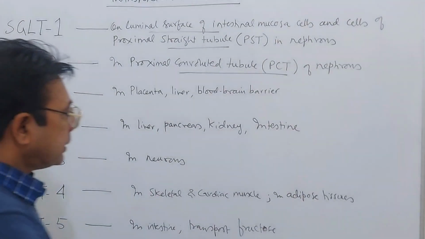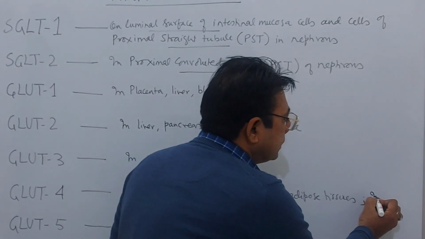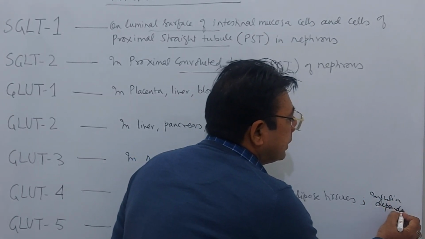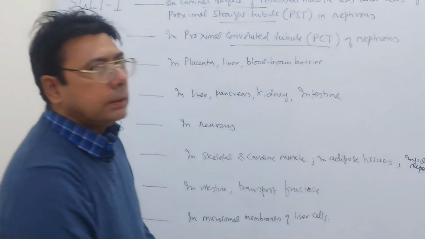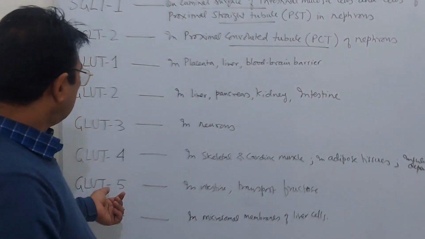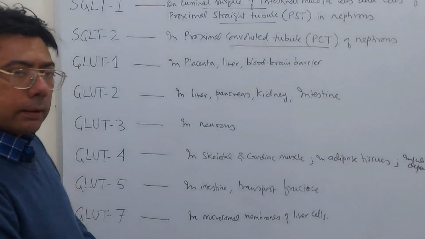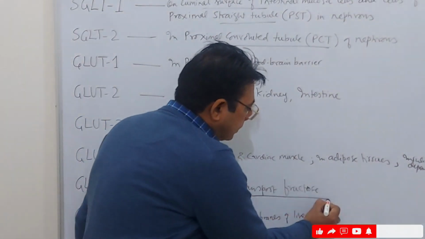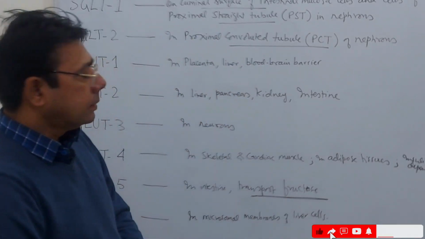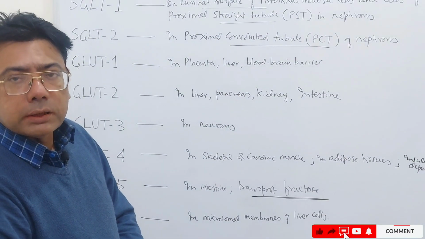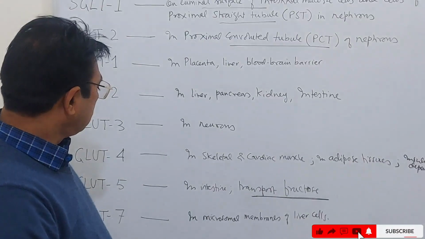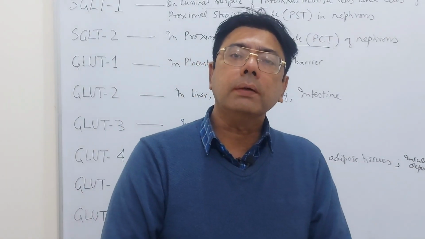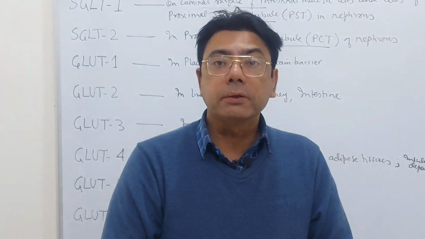And one important feature is that they are insulin dependent, whereas others are insulin independent. Now GLUT5 are again found in intestine, and their specific feature is that they allow the transport of fructose. Lastly, GLUT7 are found in the endoplasmic reticulum of liver cells, meaning hepatocytes.